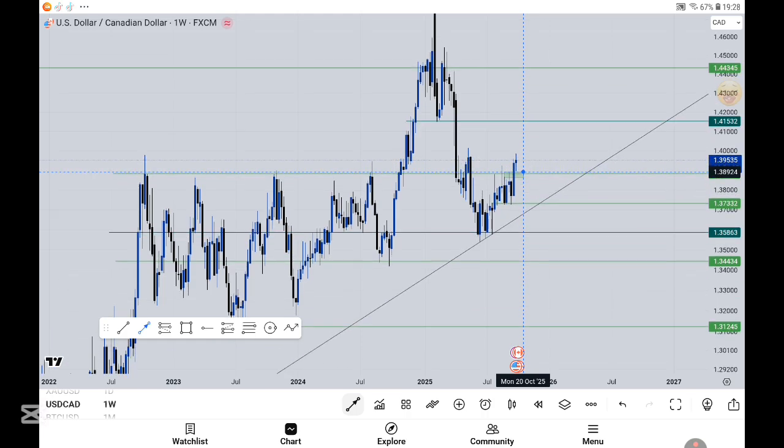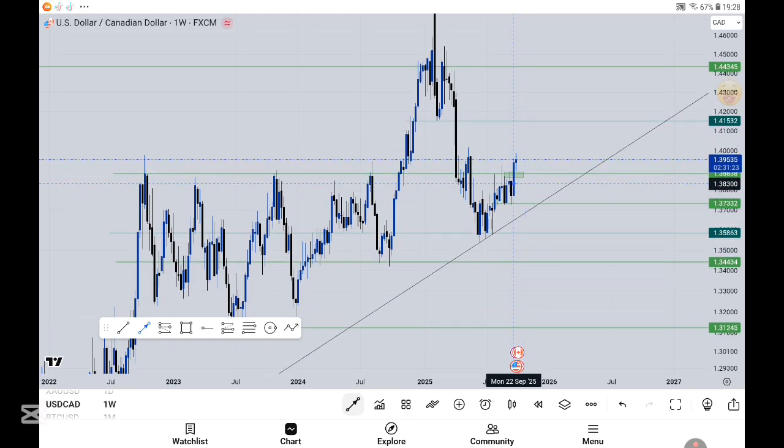Now on the weekly time frame, just last week we saw this bullish breakout from this resistance level, which is now a support level. I said that the market is supposed to come and retest here before we see a continuation to the upside, right?